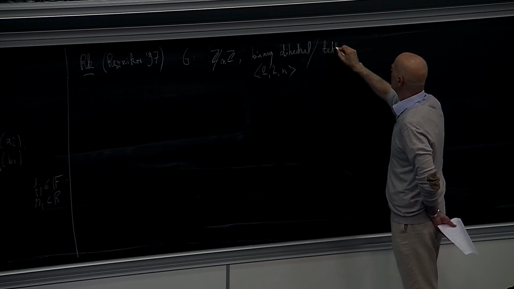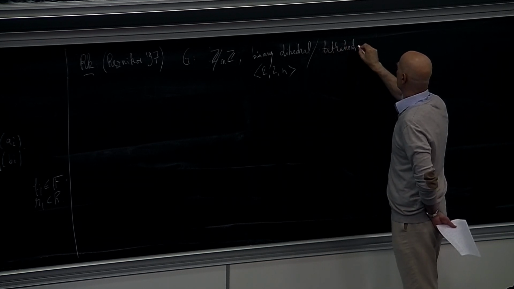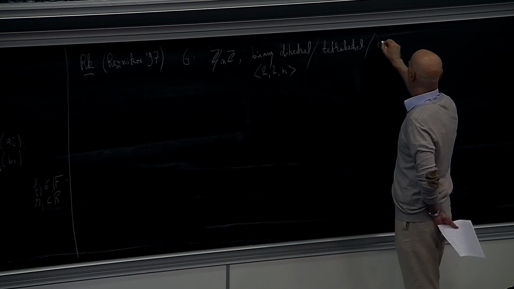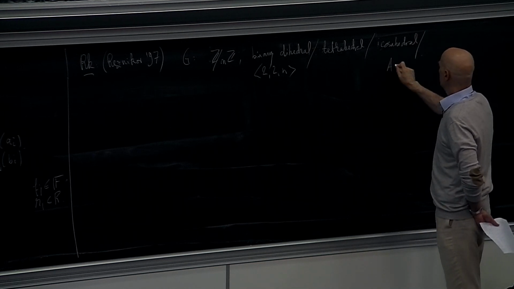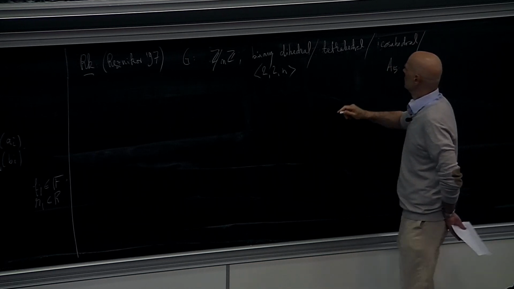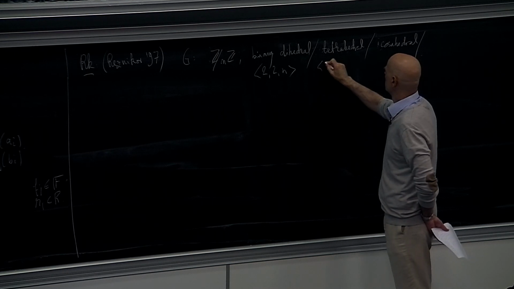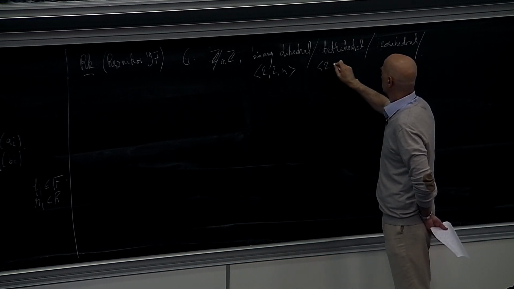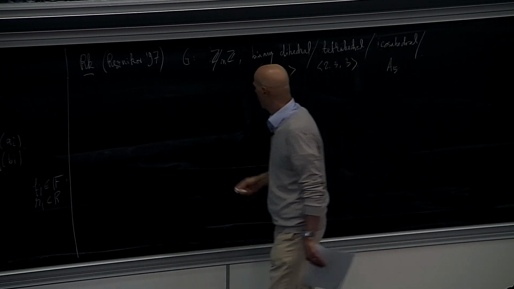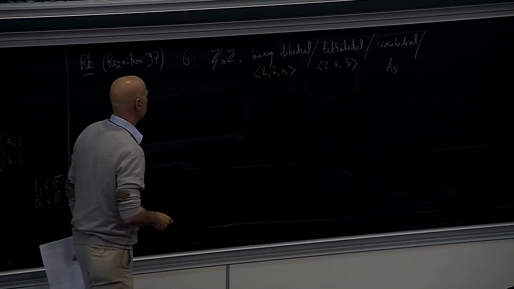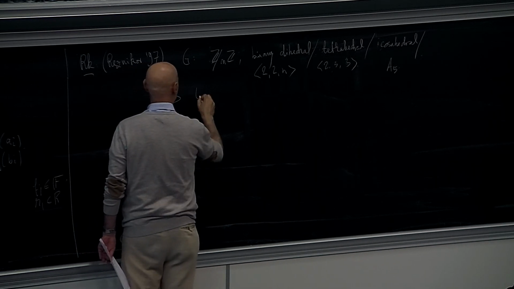Tetrahedral group, icosahedral group, well, in our terms here it is A5, tetrahedral (2,3). Well, there are many others. Then always T of f is 0.